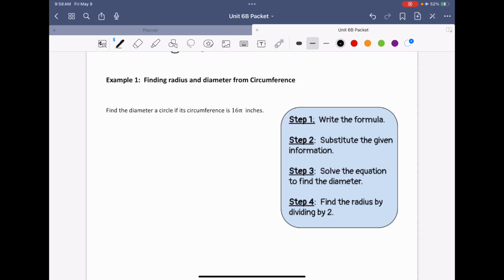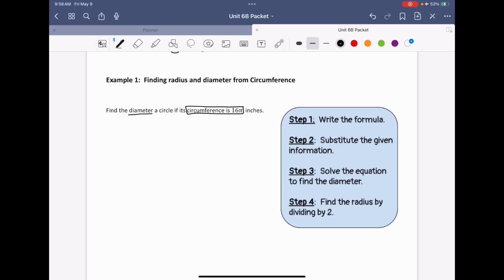It says find the diameter of a circle if its circumference is 16 times pi inches. So what we're going to be doing here is I'm going to underline what it's asking me to find, so finding the diameter, and I'm going to box in the information it gives me. It says the circumference is 16 pi inches.